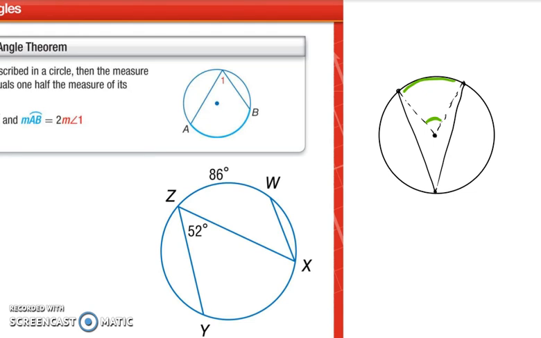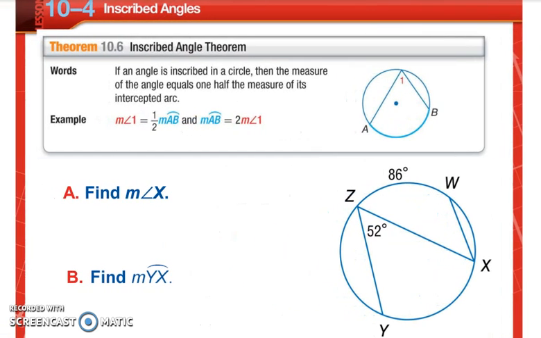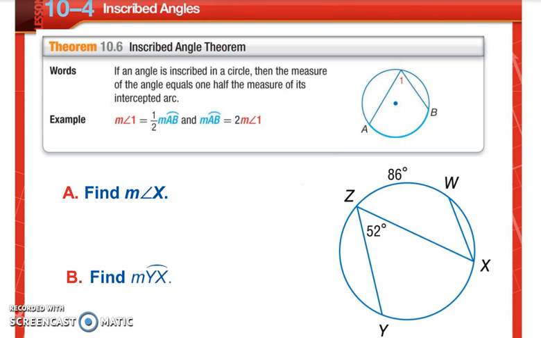I want you to think about which has more calories in it. If this looks like an ice cream cone, I consider this to be my ice cream. The ice cream has more calories, so it's bigger. So you're going to learn about a relationship between these two, which is if an angle is inscribed in a circle, meaning that two chords create it, but the vertex is on the circle, the measure of the angle equals 1/2 the measure of its intercepted arc.